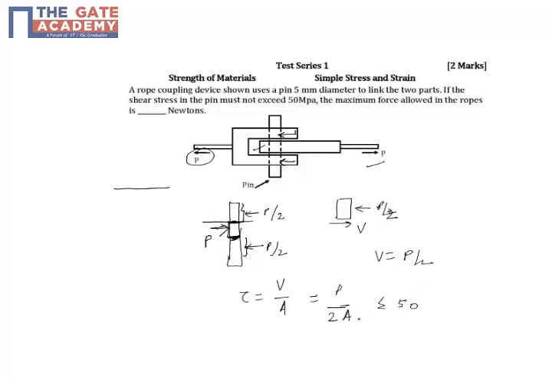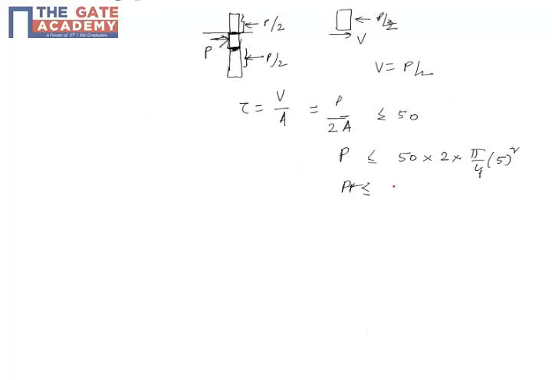So P should be less than 50 MPa into 2 into the area, which is a circular cross section, so pi by 4 d square, which is 5 square. In order that the stress is less than 50, P should be less than or equal to 50 into 2 into pi by 4 into 5 square.